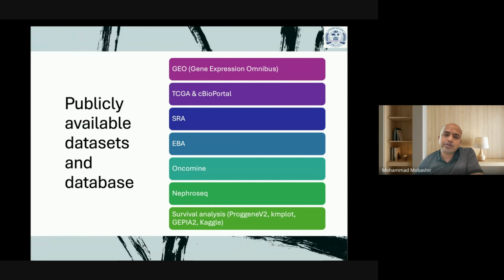GEO contains microarray data as well as NGS datasets for genomics and epigenomics. Then NCBI SRA, EBI, and then Oncomine, Nephroseq, and there are some other databases for specific types of analysis, for example, survival analysis. In this case, it is KM Plotter, GEPIA2, PrognoScan, PROGgeneV2.